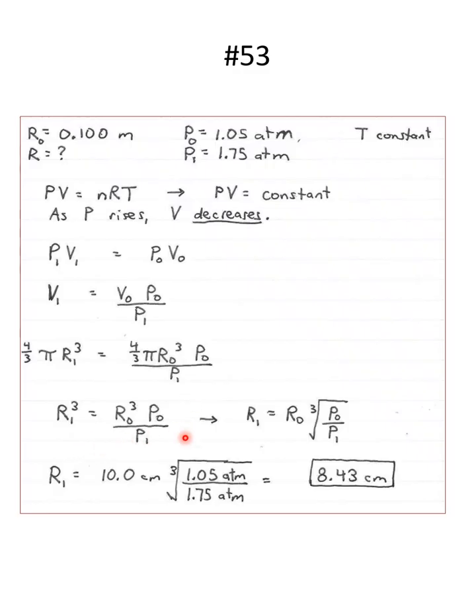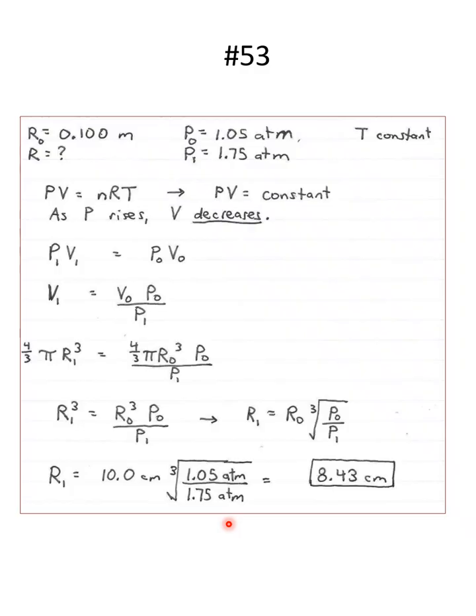We can simplify that by taking the cube root of both sides of the equation. We get r1 is r0 times the cube root of P0 over P1. So r1 is the original radius of 10 centimeters times the cube root of 1.05 atmospheres over 1.75 atmospheres.